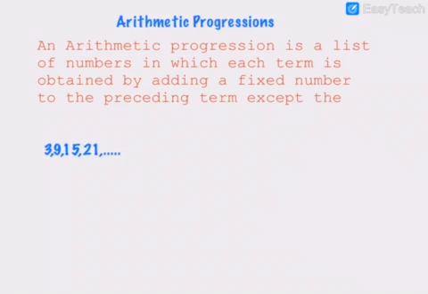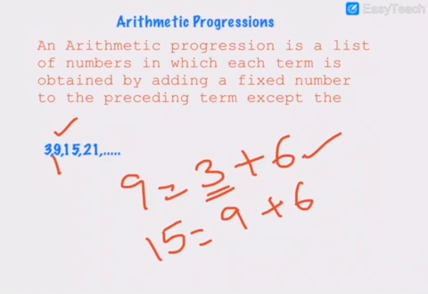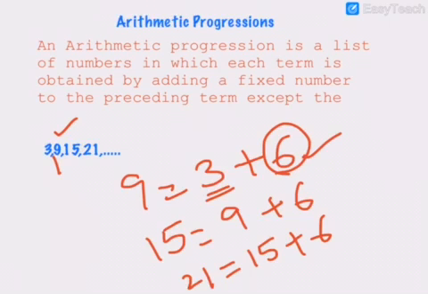Here, 9 is obtained by adding some number to the previous term. The previous term is 3, you added 6. Similarly, 15 is obtained by adding 6 to its preceding term, 9. And 21 is obtained by adding this fixed number to the previous term. So every term is obtained by adding a fixed number to the previous term.